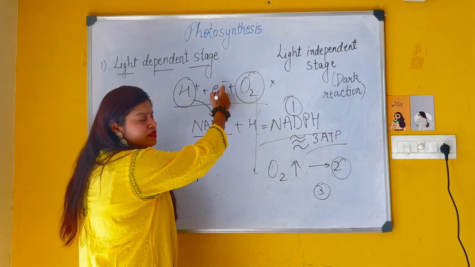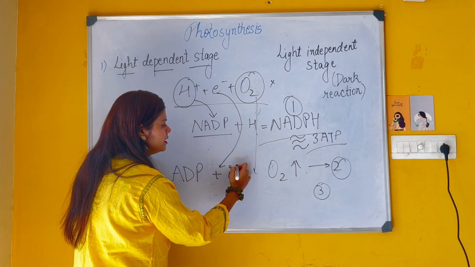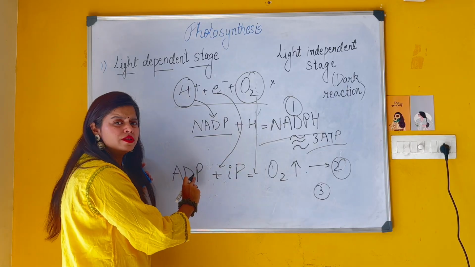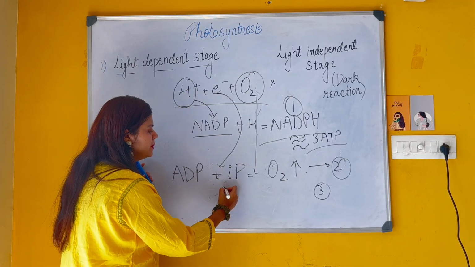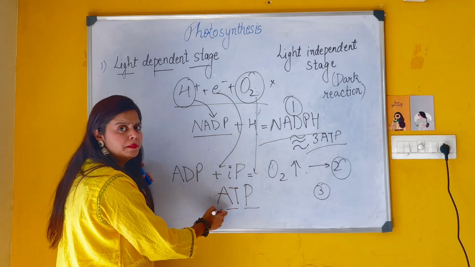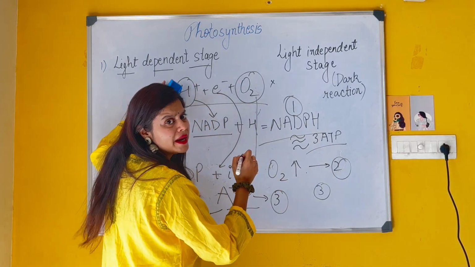These electrons will add one more inorganic phosphate to ADP. In adenosine diphosphate, if I add one more phosphate, it will become adenosine triphosphate, ATP. This is the third product of the light dependent stage.